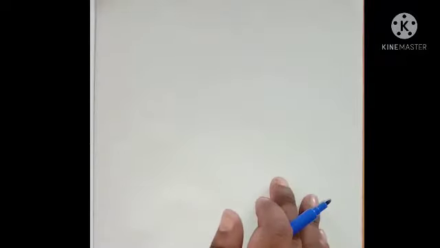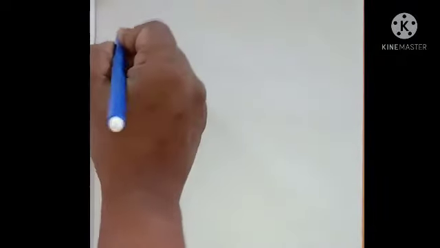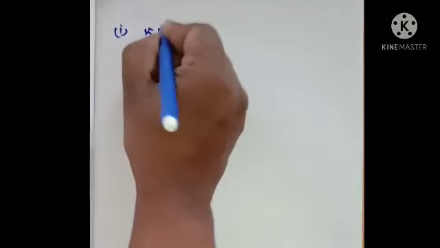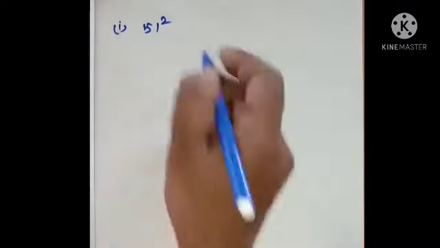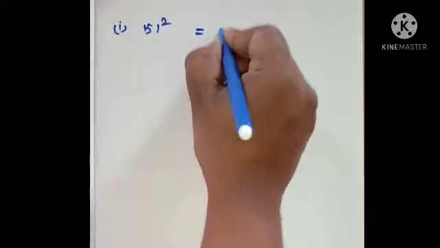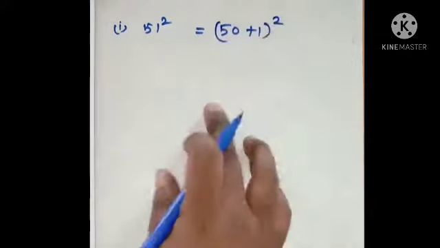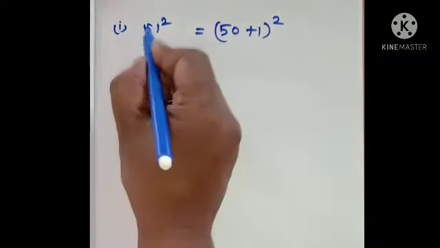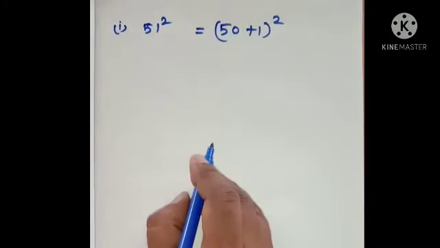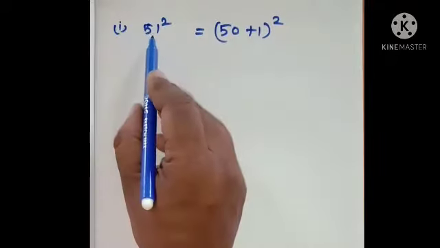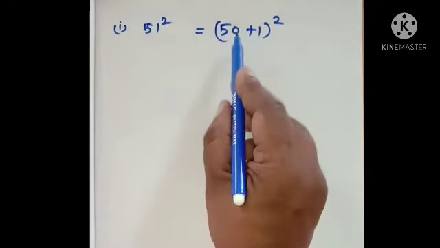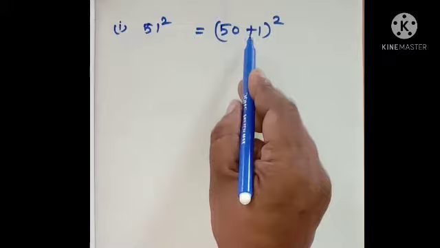Now children, let us do the 7th problem. Evaluate the following using suitable identity. The first one is 51². So 51² can be written as (50 + 1)², isn't it? By using the identity, we express 51 as the sum of 50 and 1.